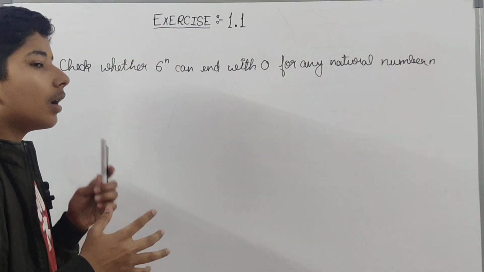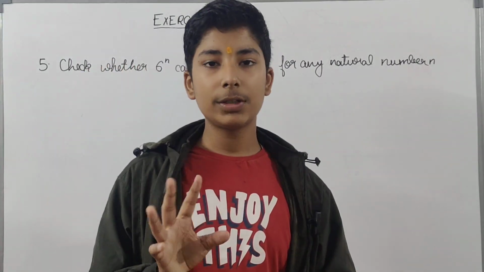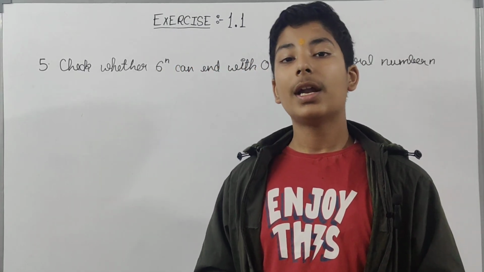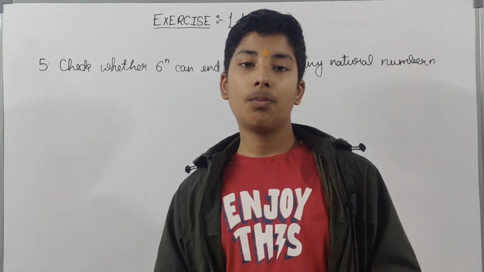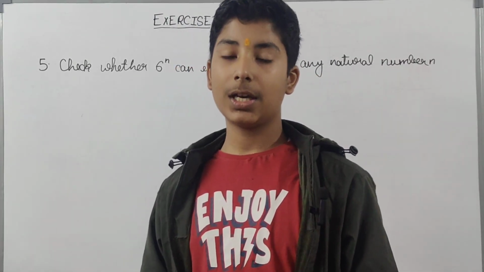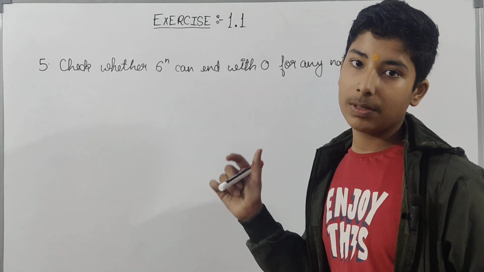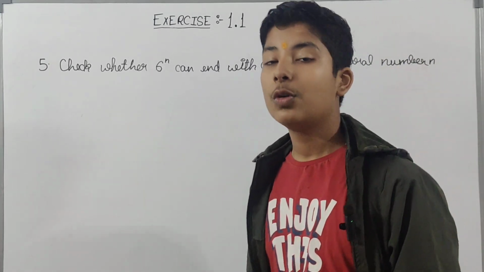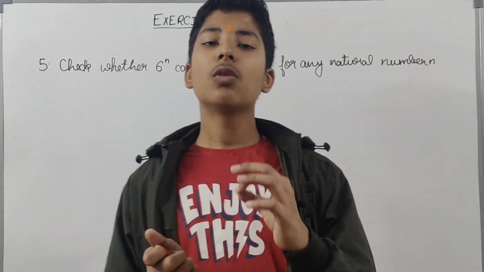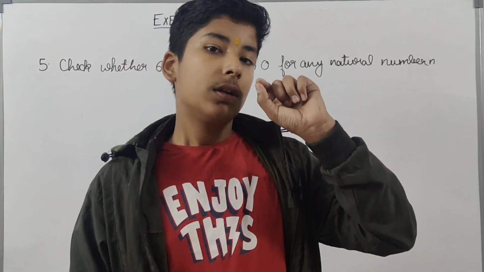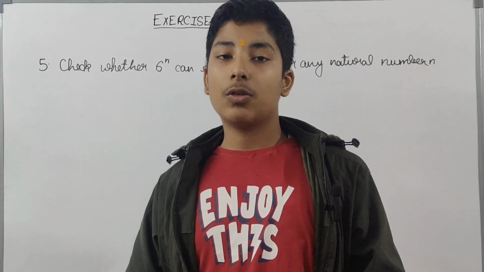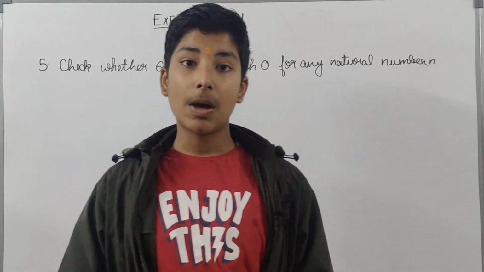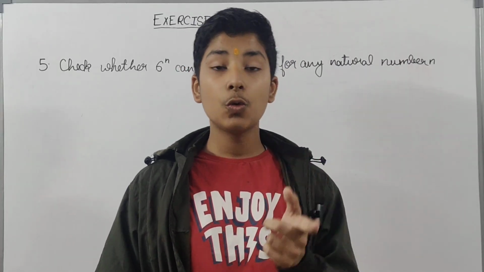Let me tell you one thing. In my first video of this chapter, the introduction, where I told everything about this chapter and did the introductory questions related to the questions which come in exams, I told you that for any power of a number to end with 0, the number must have prime factors 2 and 5.